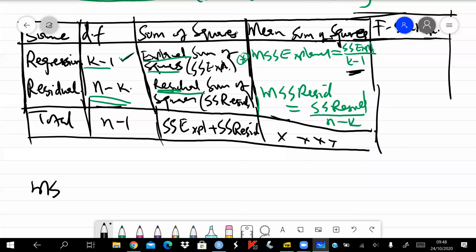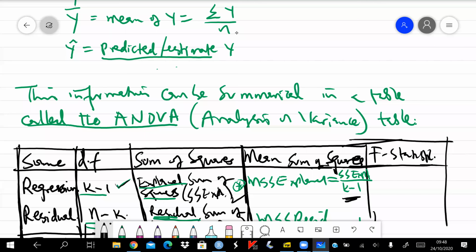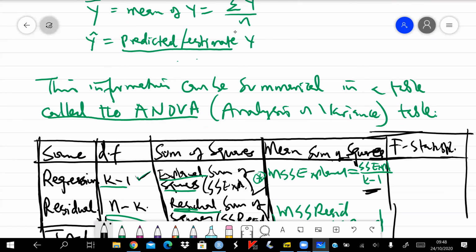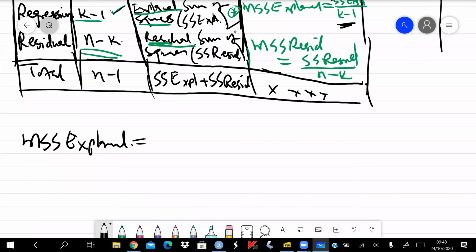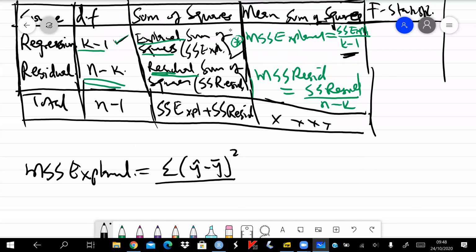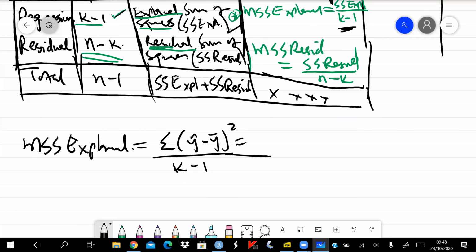The mean sum of squares explained is given by the explained sum of squares, which is the summation of y hat minus y bar squared, divided by the degrees of freedom corresponding to that, k minus 1.